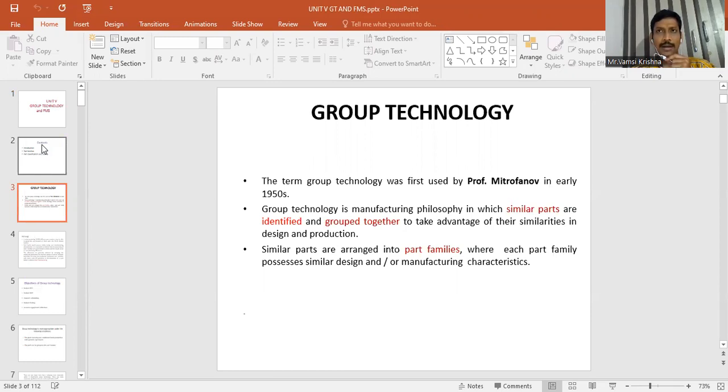Once the parts are grouped together, they are used to arrange the machines into a suitable layout, which minimizes the machine lead time and also increases the productivity of the factory or the organization which employs group technology.